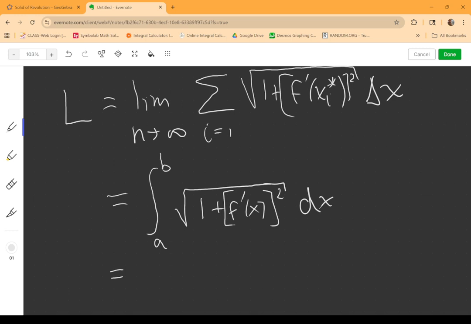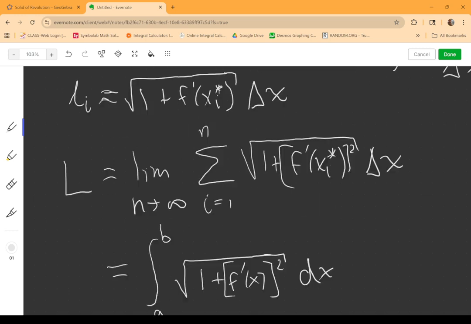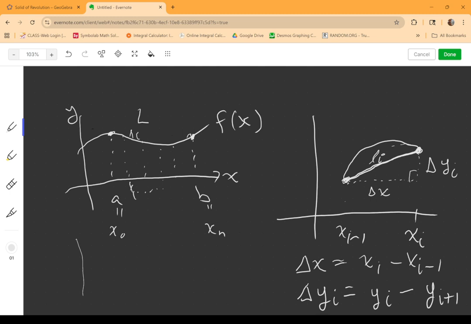Now, there's an alternate definition of this formula if you have a function that is defined along the y. So instead of y equals f of x, let's say we wanted to use the values c and d, and our function was defined as x equals g of y.